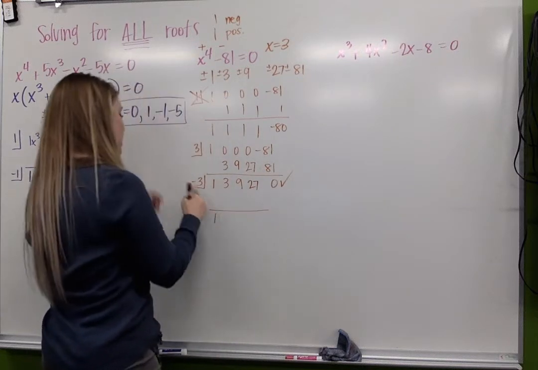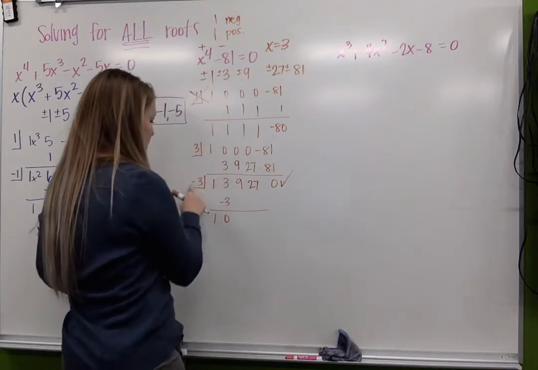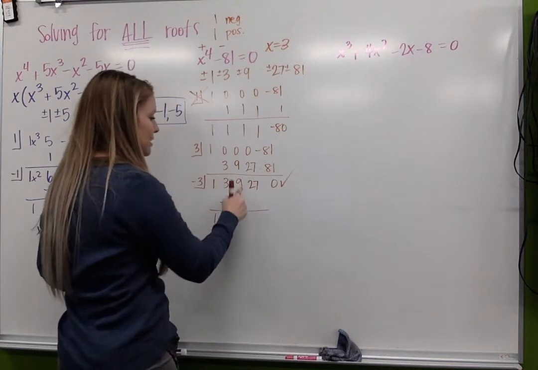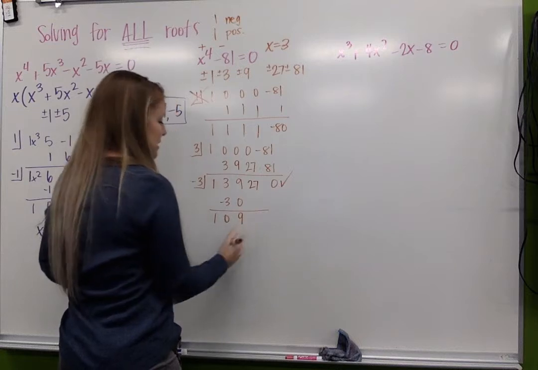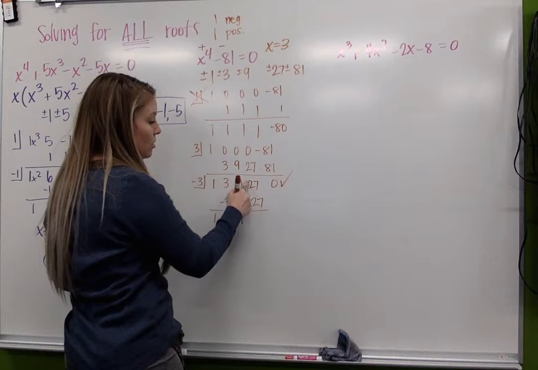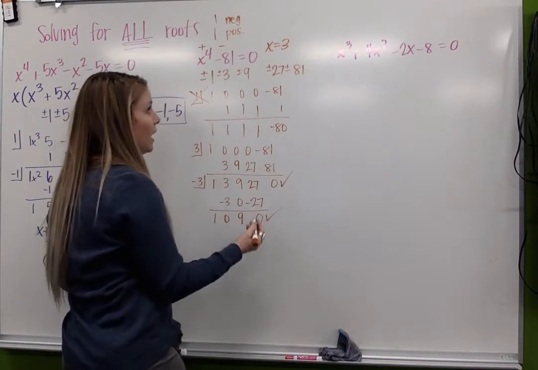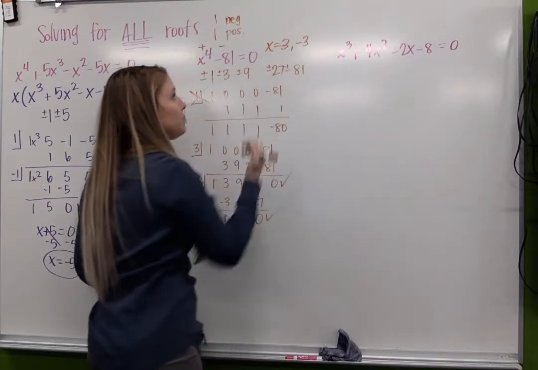So I'm going to drop my 1. Negative 3 times 1 is negative 3. That's 0. Negative 3 times 0 is 0. 9 plus 0 is 9. 9 times negative 3 is negative 27. Plus a positive 27, that's 0. Sweet! Got my negative answer.